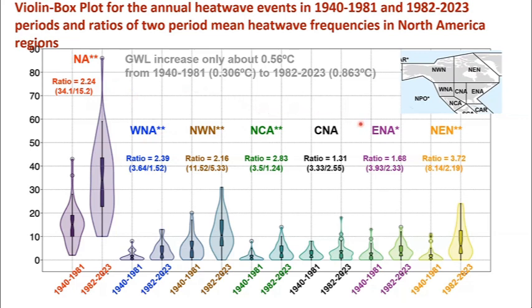If you take a linear trend, all of them are 99% significant. But both the Central North Pacific and even the Eastern North Pacific are somewhat smaller. So there is a regional difference if you compare these violin box plots between the two periods.